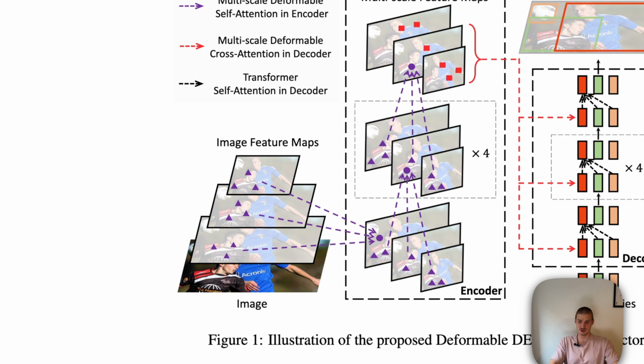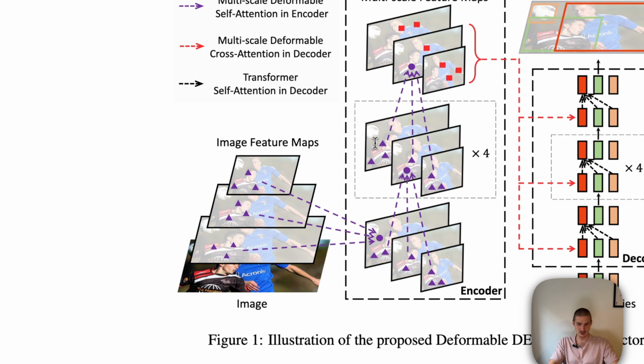So instead of this point attending to this point to get the weight, as in full self-attention, in deformable attention we just look at one point, just one, not two. Just project that down using a linear layer, which tells us, okay, this attention weight should be 0.37. Right? So this is another major difference of deformable attention to normal attention.